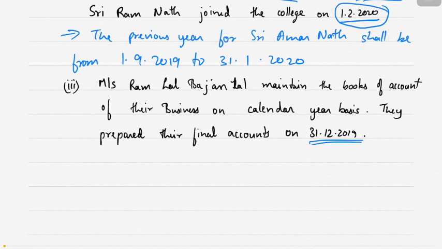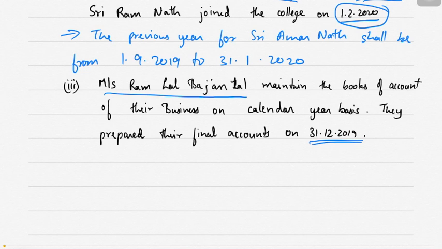But as per Income Tax Act, you cannot file your returns on calendar year basis. You have to file your returns as per financial year basis, which is from 1st April 2019 to 31st March 2020. So Messrs. Ramlal Bhajanlal have to maintain books of account as per financial year basis.